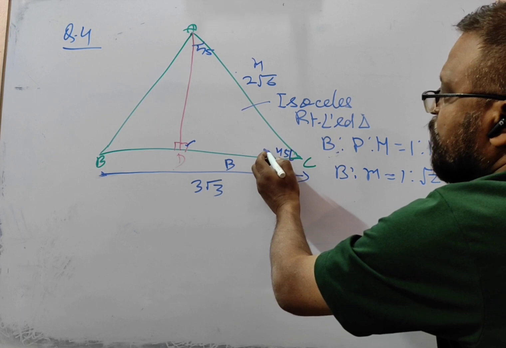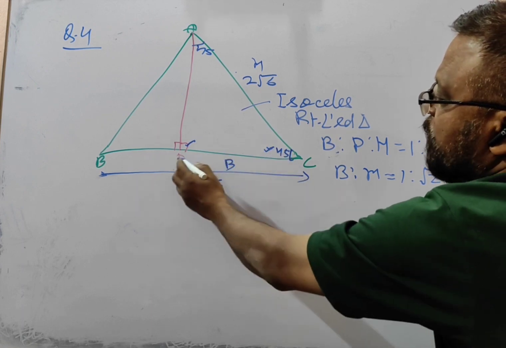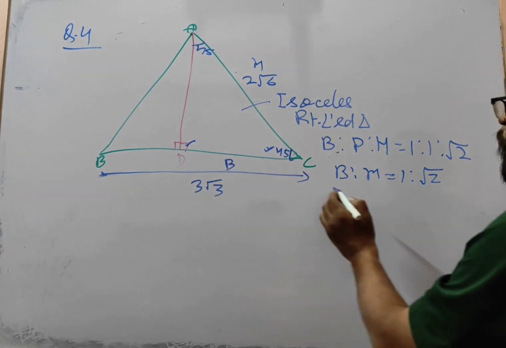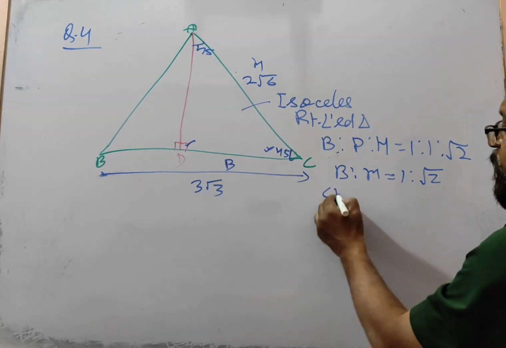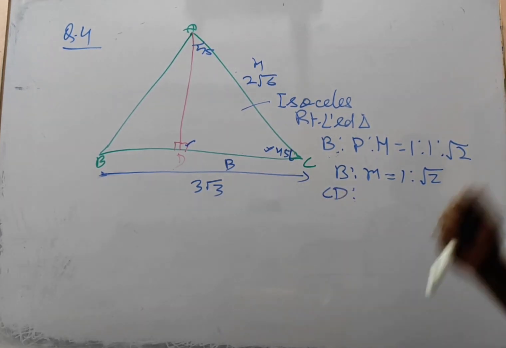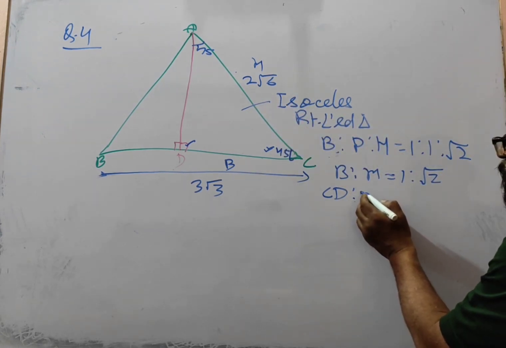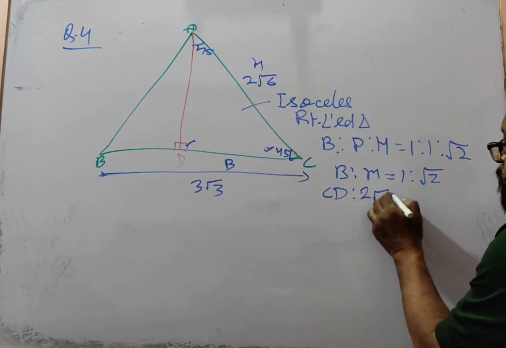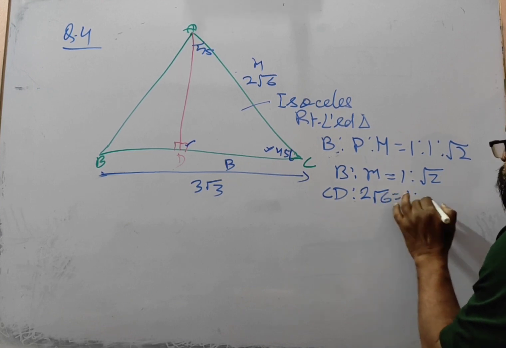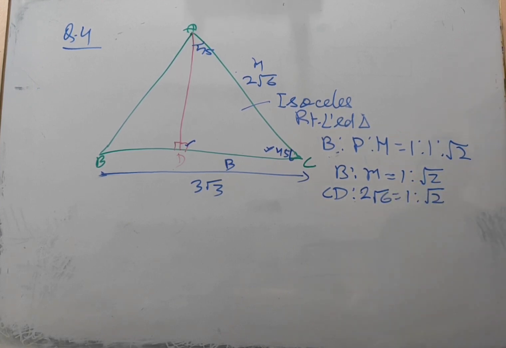This is the angle of consideration, so that is the base and that is CD. So I write CD ratio hypotenuse, which is 2 root 6, equal to 1 is to root 2, right?